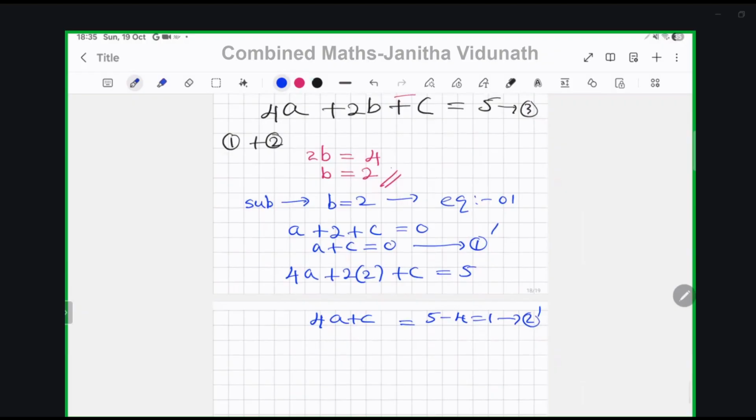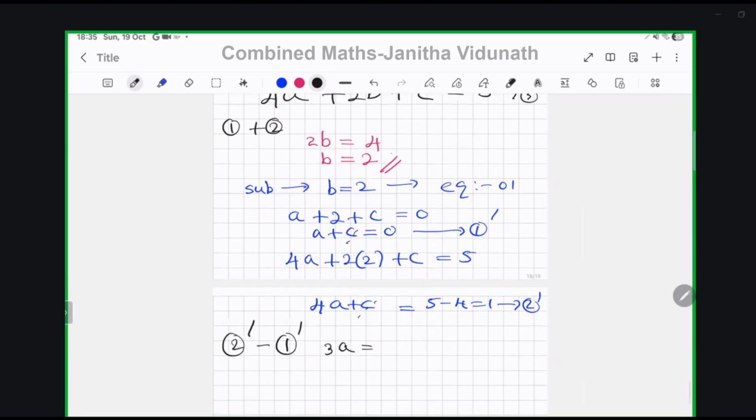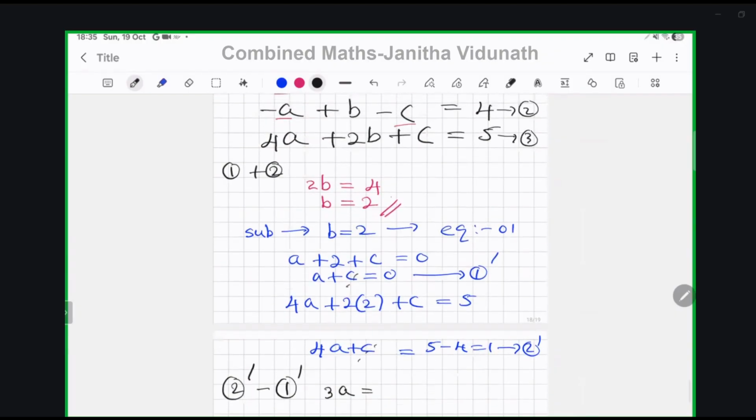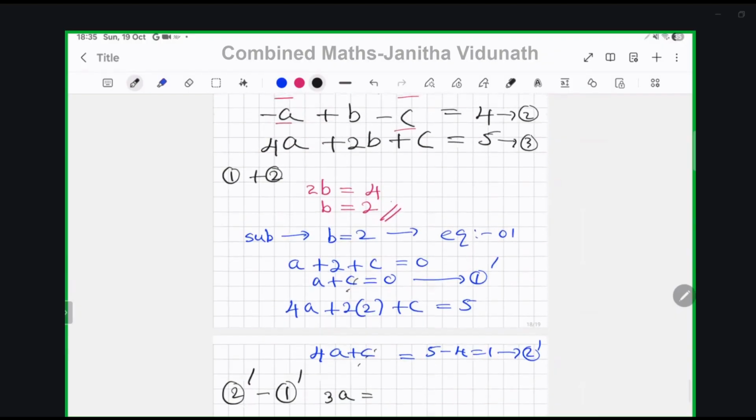From first dash and second dash, if we subtract 1 dash from 2 dash, C will cancel out. Here in the first equation, A plus C is not equal to 0.